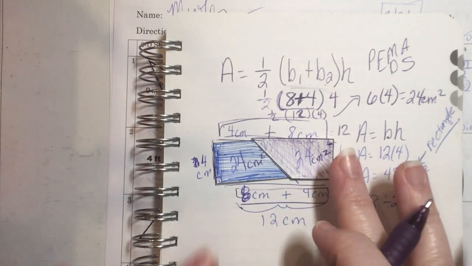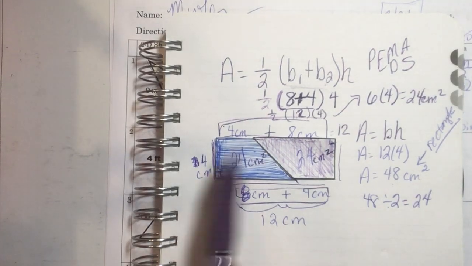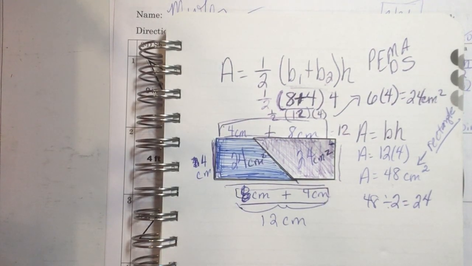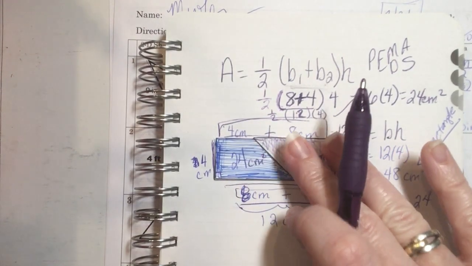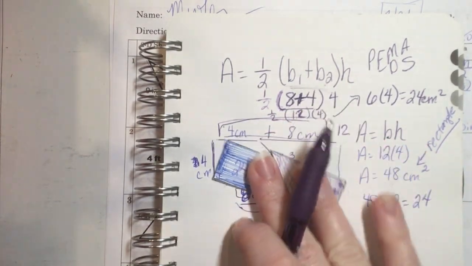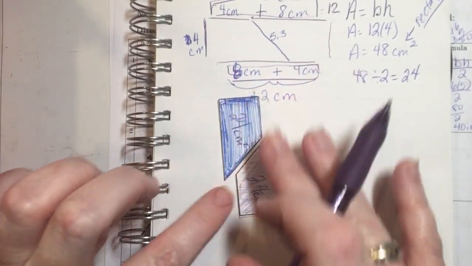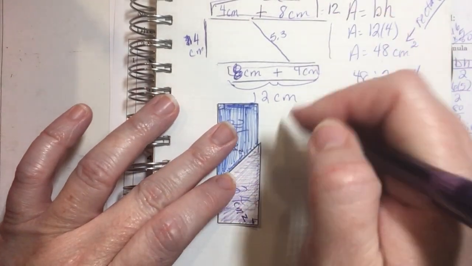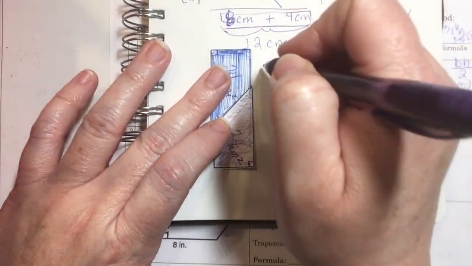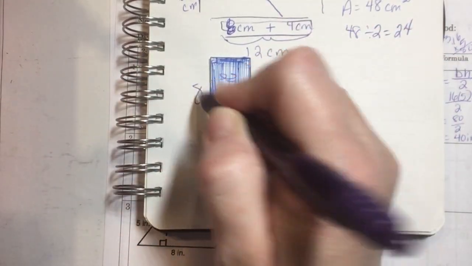Now, one thing we have to notice is how do we know what the bases are? Like, why didn't I add 4 plus 4? Well, if I turn the trapezoids this way, I still have to add 4 plus 8, and 8 plus 4.